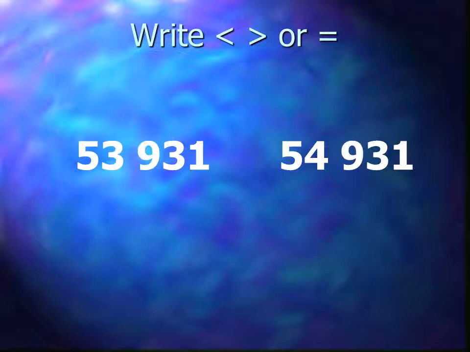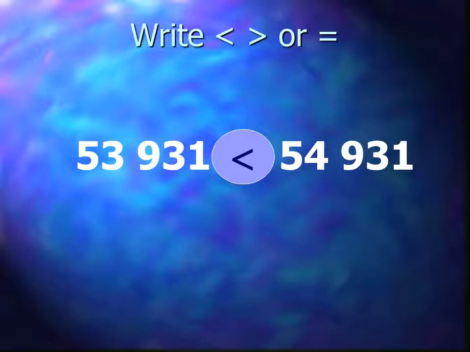Write the symbol between the two numbers which correctly states which number is greatest. Are you done? You should have written the less than symbol, because 53,931 is less than 54,931.